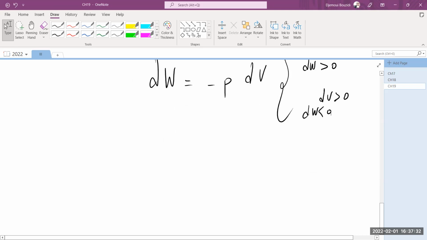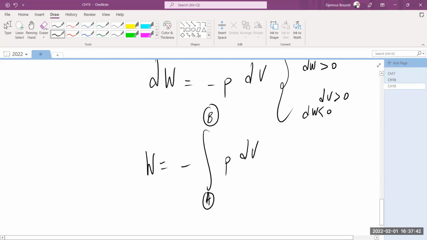So in general, the work is going to be minus the integral from the initial position, let's call it A, to B, of P dV. The reason I cannot take P out of the integral yet is that P might depend on V. Remember, P is equal to nRT over V. There is already a V in the denominator, and T may or may not be constant too.